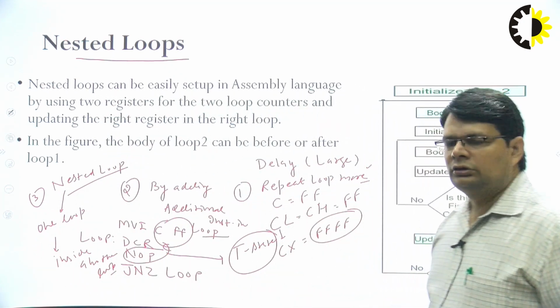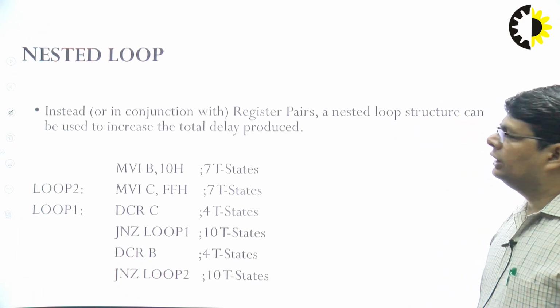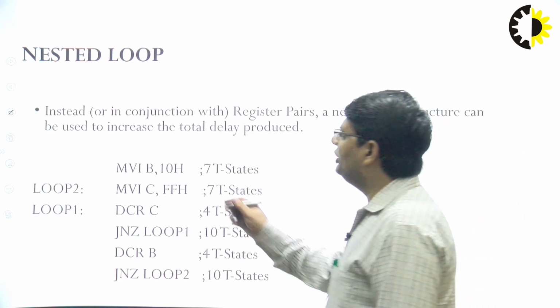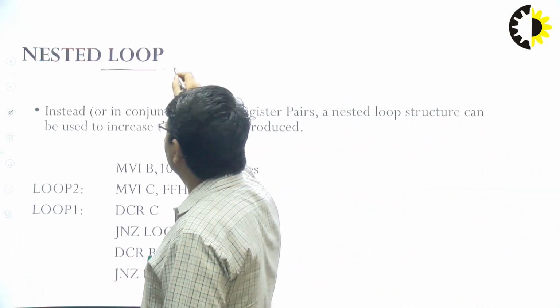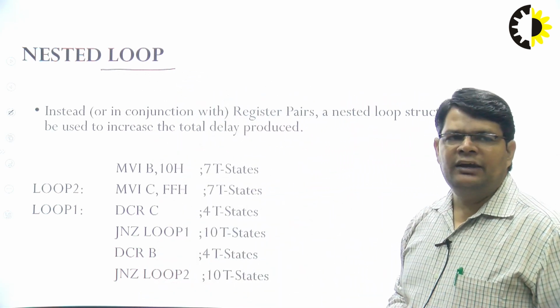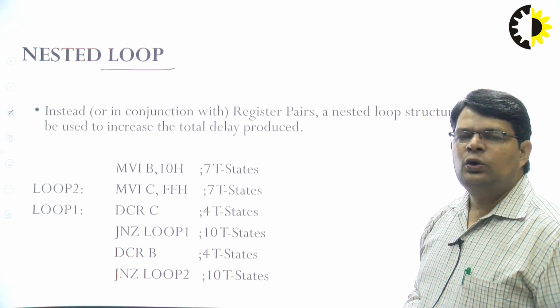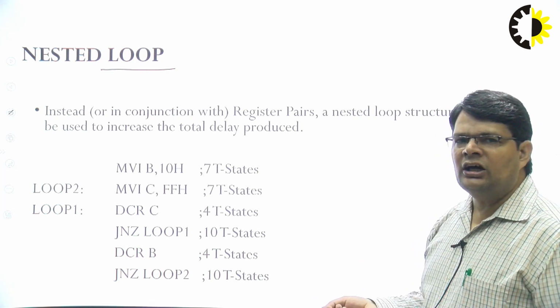Okay, so we will see this. This is an example of a nested delay loop. For generating a large amount of delay value, we will use the concept of nested loop, that is, one delay loop inside another delay loop.